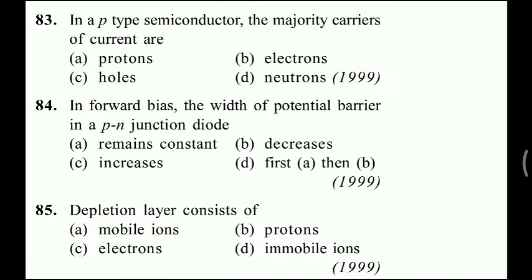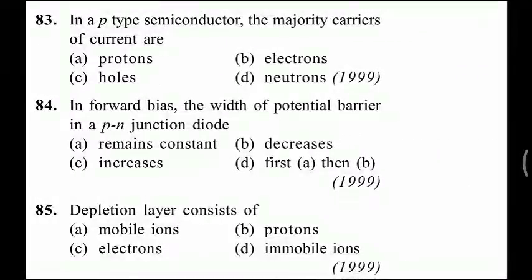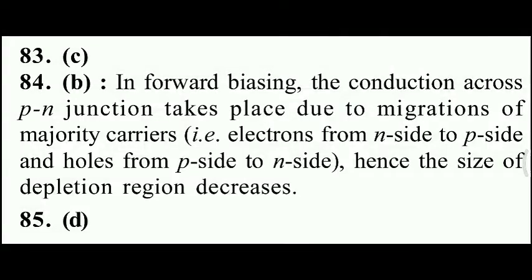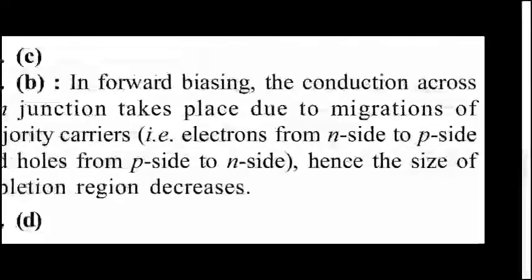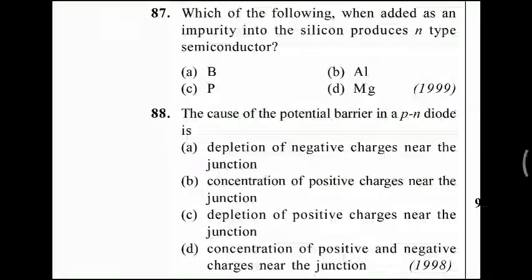Yes, immobile ions. Coming to the answer, in forward biasing, the conduction across the PN junction takes place due to migration of majority carriers. Hence, the size of the depletion region decreases.